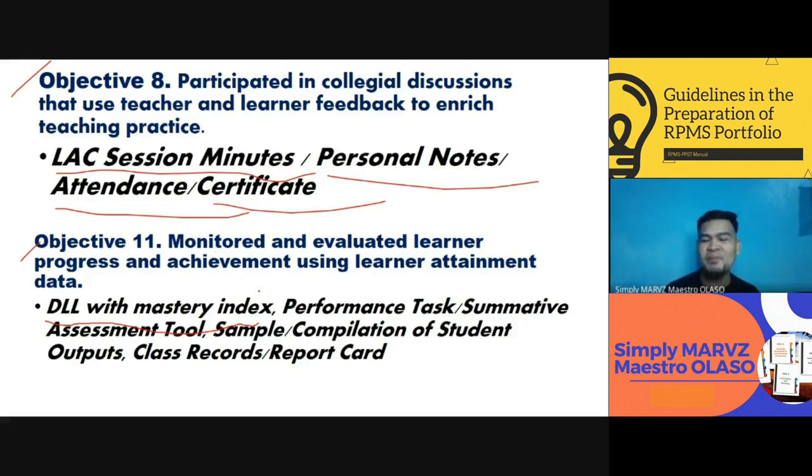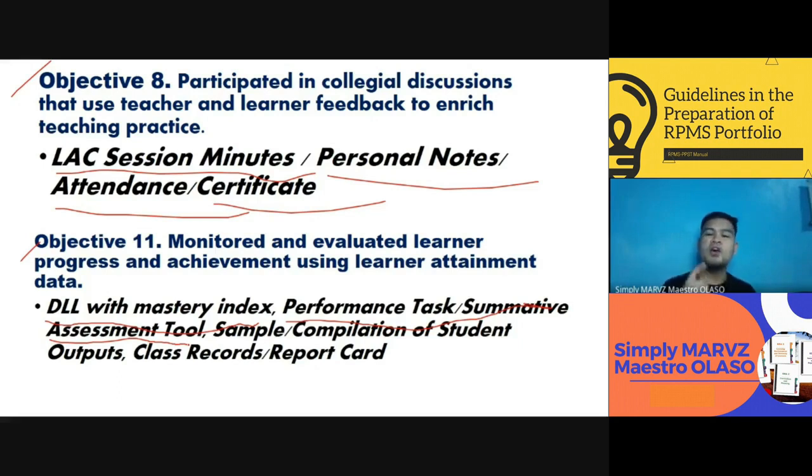Okay na po yun, isang document na yun. So, kung naglagay ka naman ng performance task or summative assessment tool, meron tayong summative folder, o kahit mag-attach ka lang doon ng isa o dalawa, pwede na po yun. Tapos nakalagay doon yung table of specification, tapos yung mastery level, kung ilan ang nakakuha ng 75%.